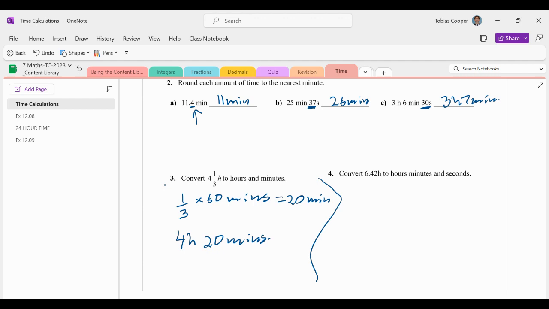Now, this question here is 6.42 hours to hours, minutes, and seconds. Should be commas there. Well, let's have a look. We need to find 0.42 of an hour first. So 0.42 of an hour. We're going to change now to 60 minutes. This is 0.42 of an hour. And we can break this up into 0.42 times 10 times 6.